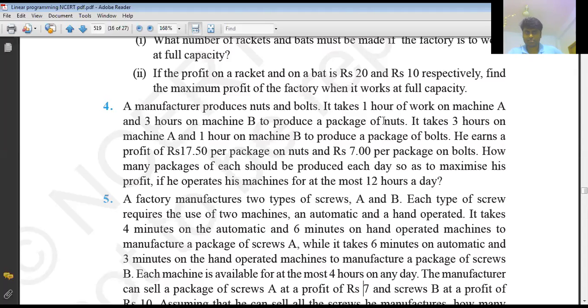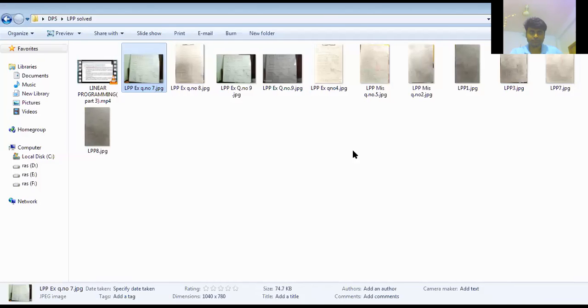So let us go to the solution for this. Now here we are going to solve Question number 4.